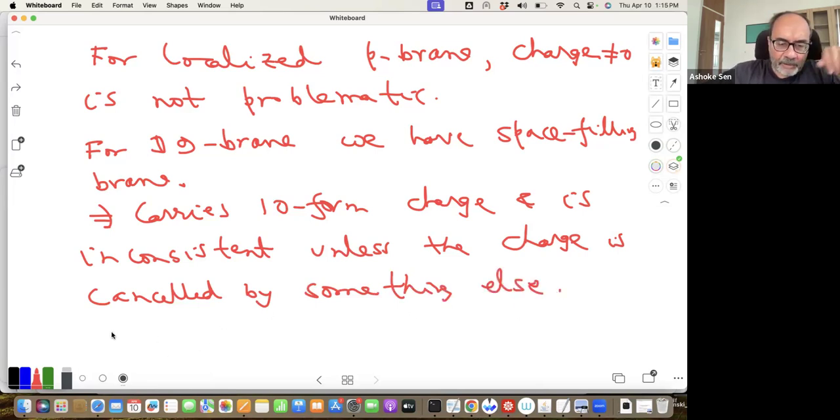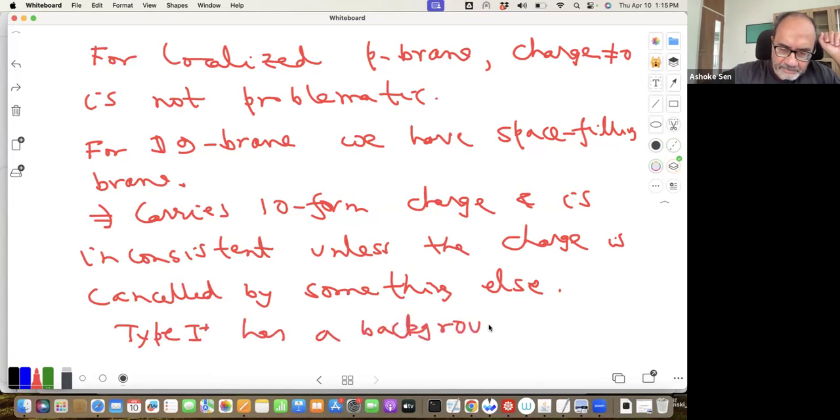And this is what happens in type 1 theory. Type 1 has a background charge, which is equivalent to, say, 32 D9 branes with opposite sign.